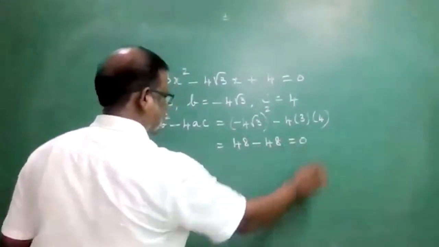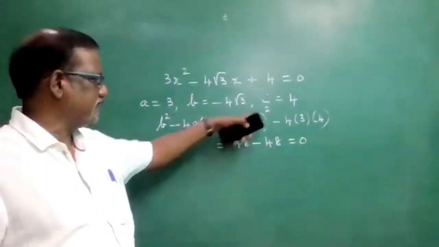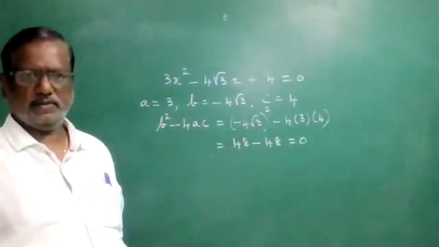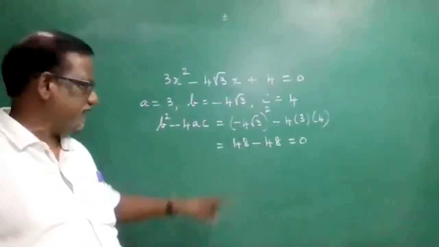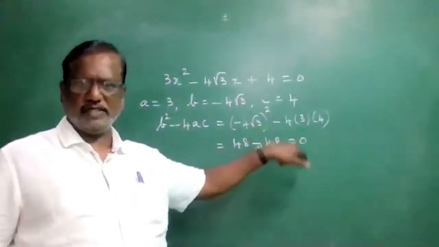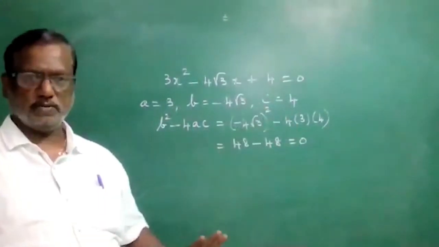That is equal to 0. That is, 4 square is 16, root 3 square is 3, so 3 16s are 48. And 4 3s are 12, 12 4s are 48. So you got 48 minus 48, that is equal to 0.